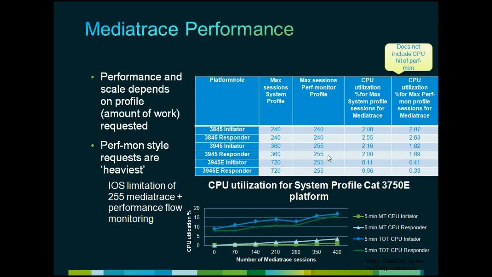I think you're going to get a copy of this slide so you can read in more detail, but you can see here the CPU utilization for both initiators and responders with these sessions, on both the performance monitor profile and the system profile, and in the comparison what happens in terms of how much it affects the performance of the element.